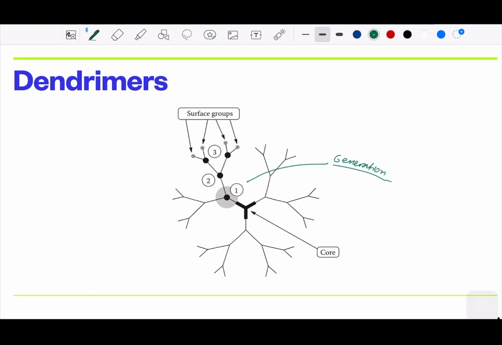This is the core, the initial one. This has a branch here, 1, and then 2. This means layer 2. If we take the circles, you see this is layer 1, layer 2, layer 3. So the more branches it has, the more layers it has.